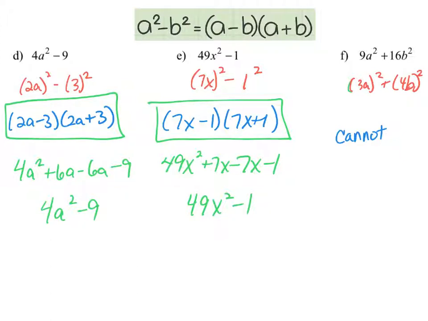The formula we are using is for the difference of two squares, not for the sum. So we can say that this cannot be factored. We can also say that this polynomial is prime.